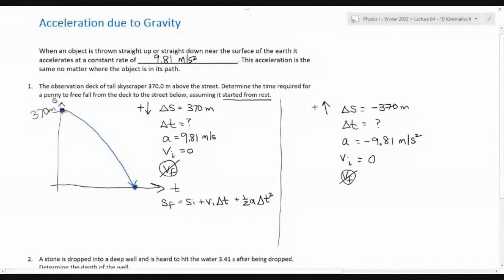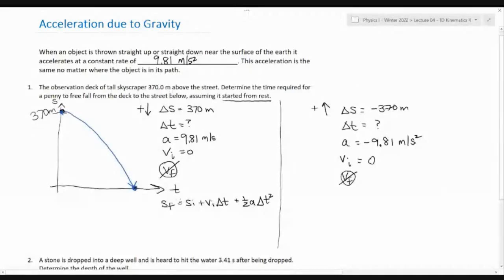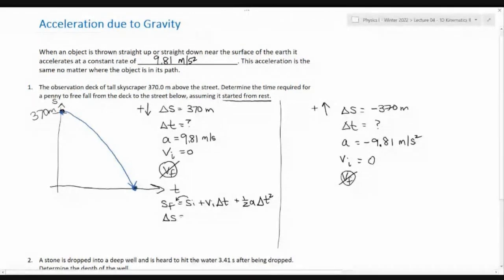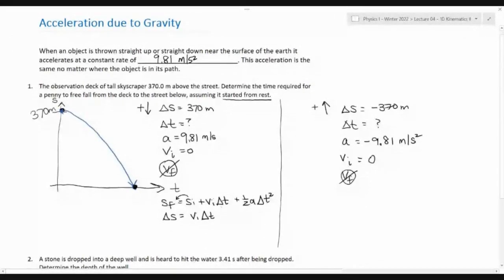Instead of S final and S initial, we have delta S, which just means you take S initial to the other side so that S final minus S initial is the same as delta S. These two equations are the same thing, but on the formula sheet you get the one above. You just need to know how to bring SI to the other side and turn SF minus SI into delta S. Anybody have questions about that?